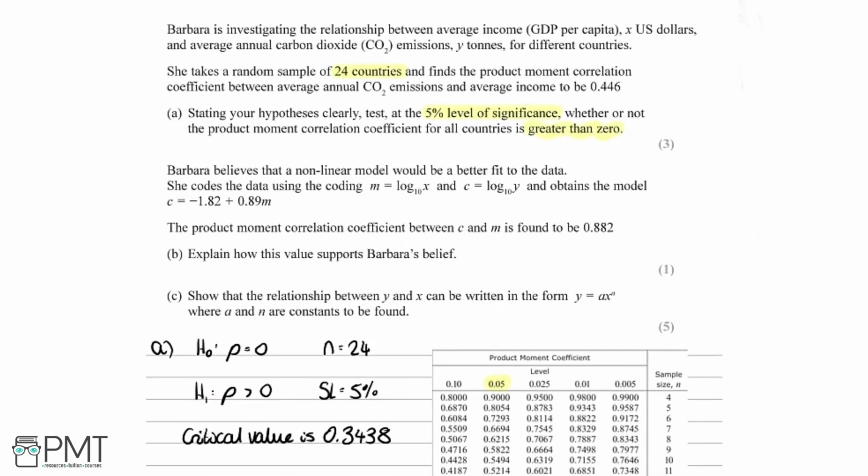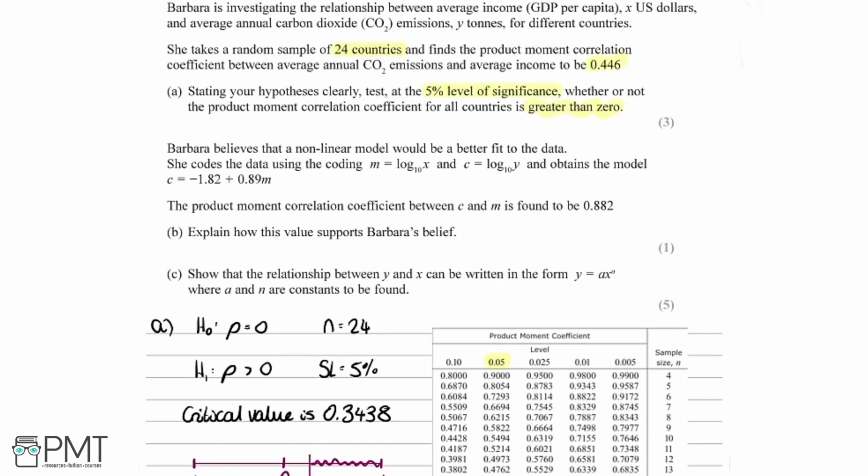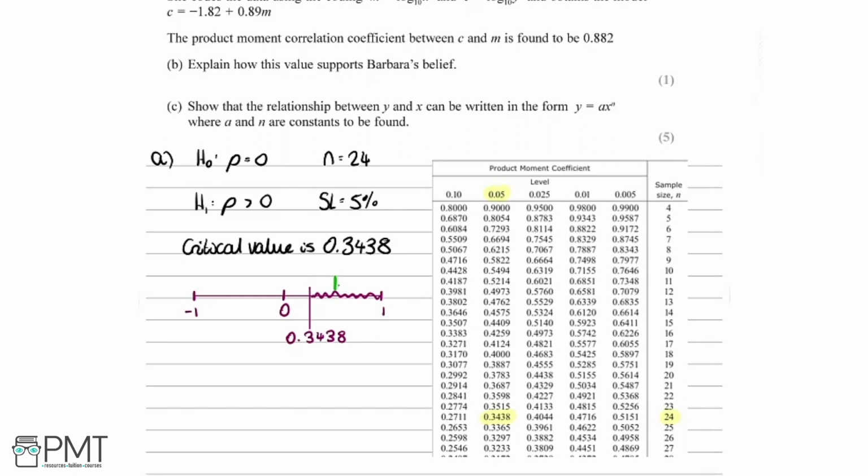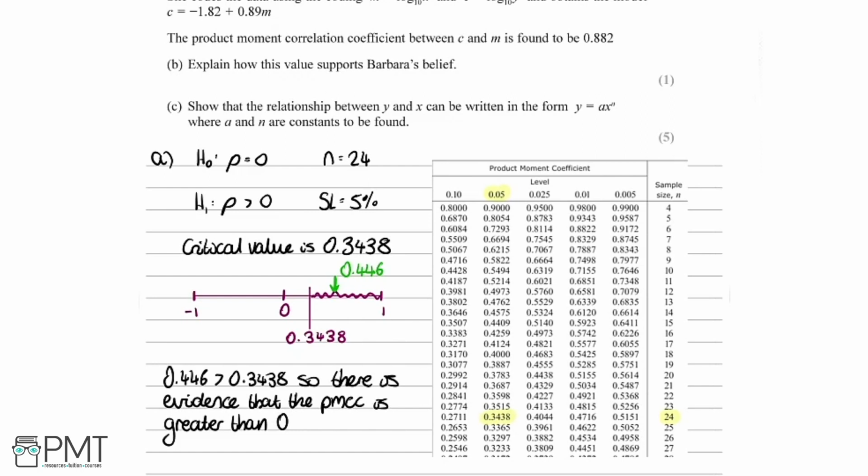The product moment correlation coefficient that Barbara found was 0.446. That very roughly falls in here, but we know it's definitely inside the critical region. So we can say that 0.446 is greater than our critical value of 0.3438. So there is evidence that the product moment correlation coefficient is greater than 0.